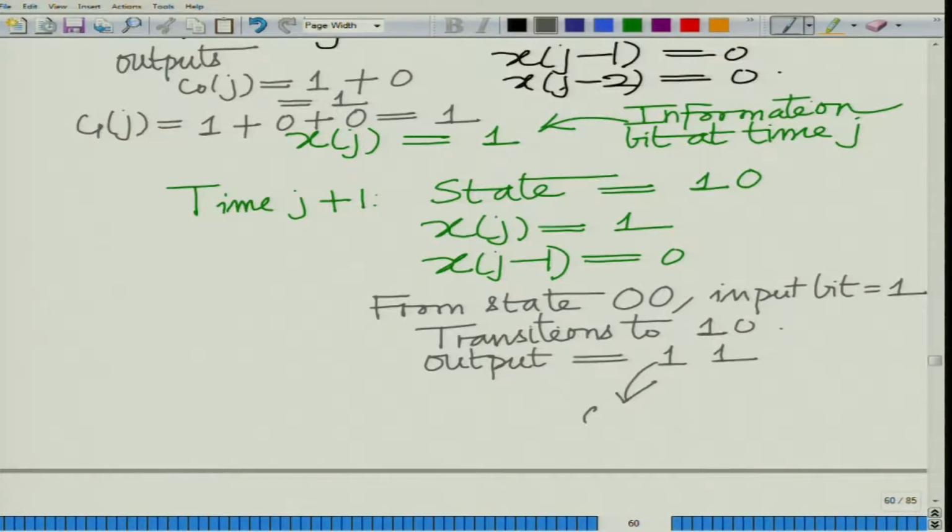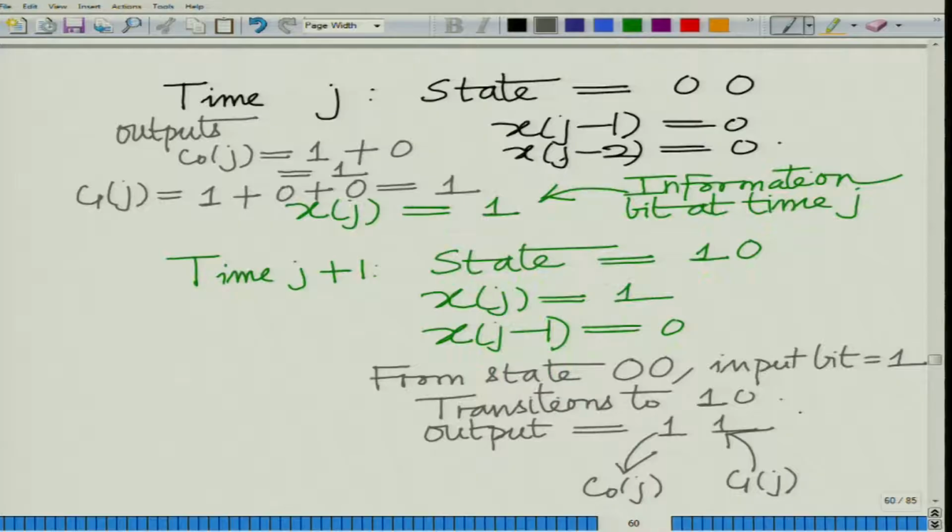This is your C0 of j, this is your C1 of j. Okay, so that is the whole point.